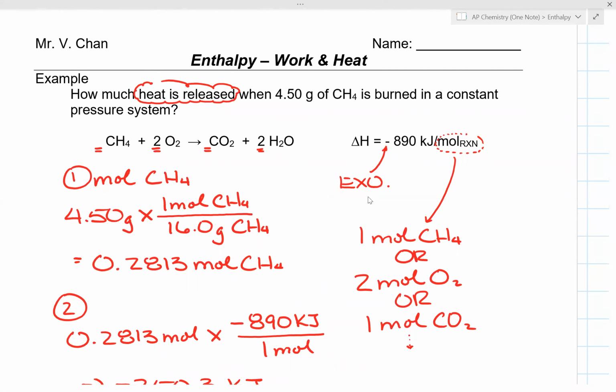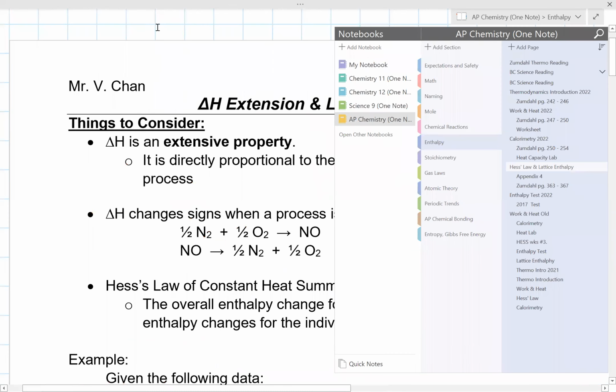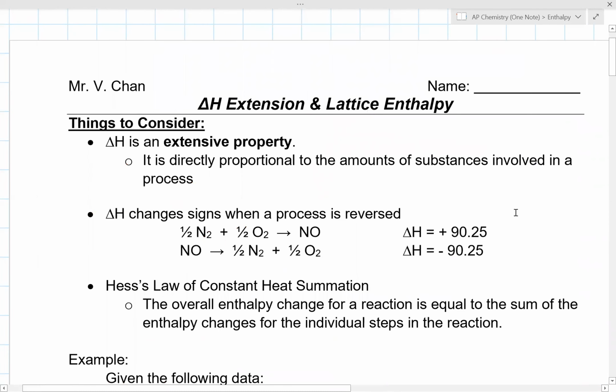Now, the other thing is that delta H changes signs when the process is reversed. So let's say, for example, we have half N2 plus half O2 gives you NO. It's an endothermic reaction because you are absorbing, let's say, 90 kilojoules of energy.